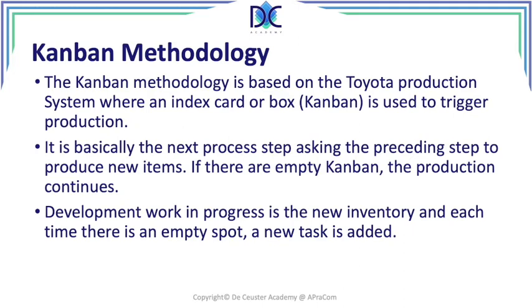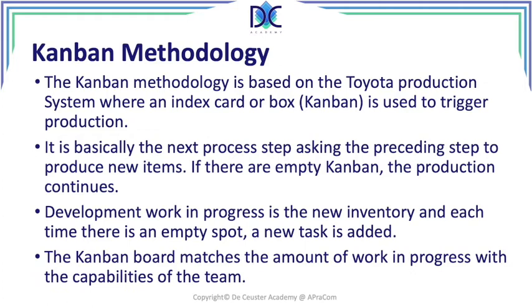Now, the development work in progress in this case is the new inventory, the new work in progress. And each time there is an empty spot, a new task is added. Basically, in the Kanban method, the Kanban board is used, and the Kanban board matches the amount of work in progress with the capabilities of the team.